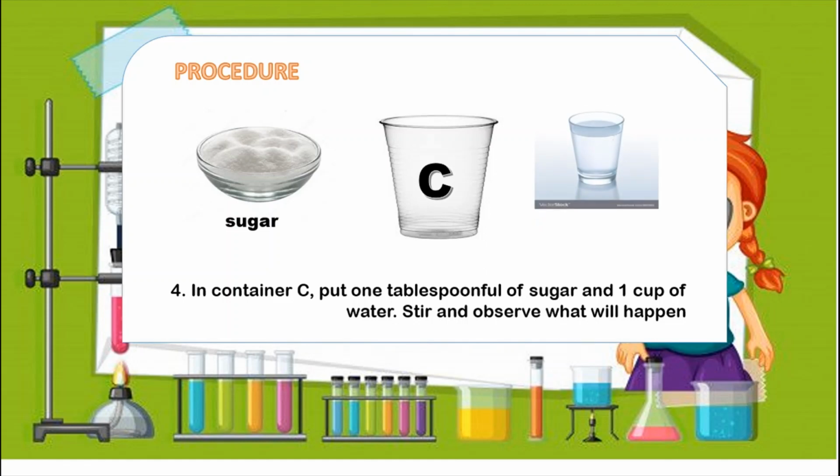Dayon, ang cup kay butangan ninyo isa ka baso nga tubig. Ihalo ninyo siya. Tapos, inyo gyapong kutawon para matunaw ang sugar sa tubig. Okay, kutawon ninyo then observe what will happen.